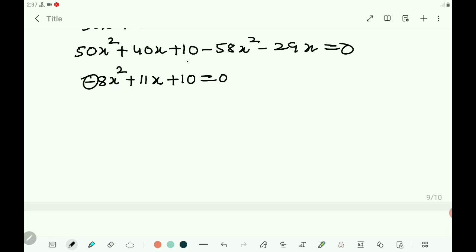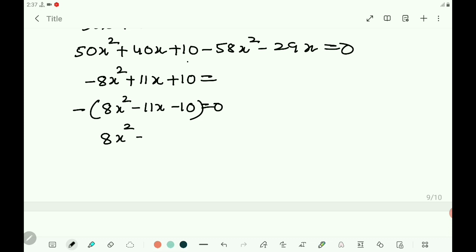Now remove the negative sign of this one: 8x square minus 11x minus 10 equals 0. So we got the quadratic equation 8x square minus 11x minus 10 equals 0.